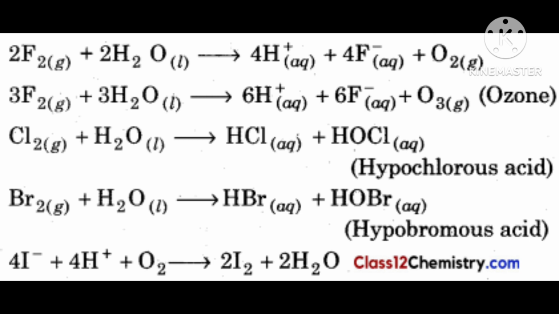The same way for the Kb value of a base: if Kb is more, the substance is more basic. B means base. The dissociation constant of an acid is called Ka, and of a base is called Kb. Here we are talking about acid.